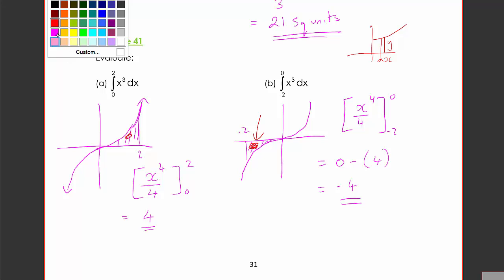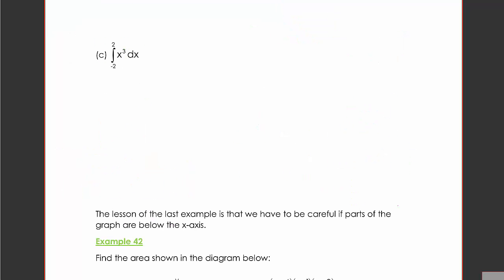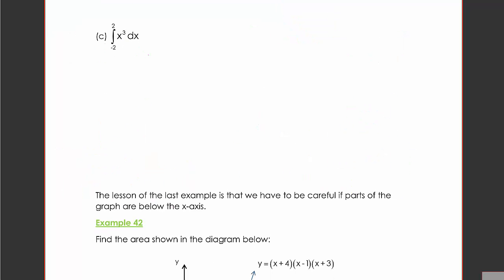So let's go to the last part of this example and do this integral. So that's going to be x to the 4 over 4 from -2 to 2. So that's going to be 16 over 4, take away, well, (-2) to the 4 is also 16, 16 over 4, which is 0.